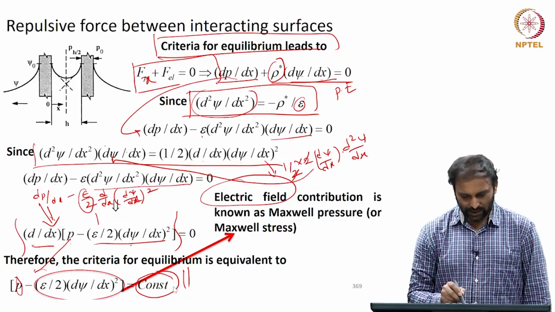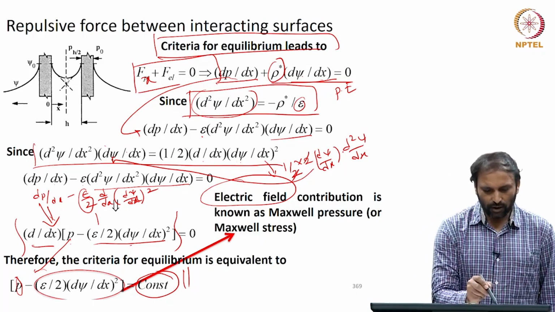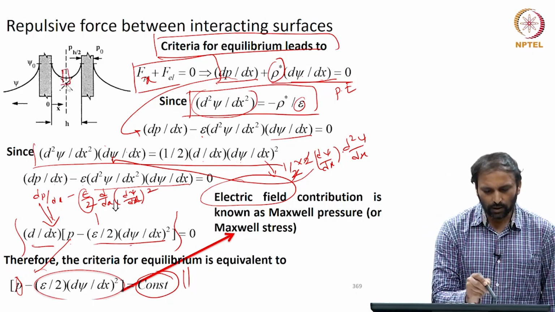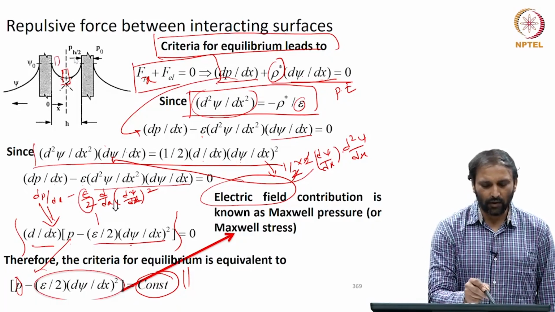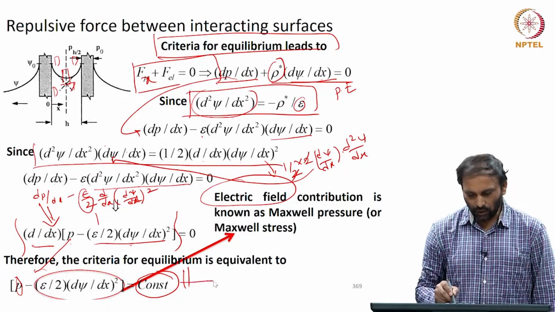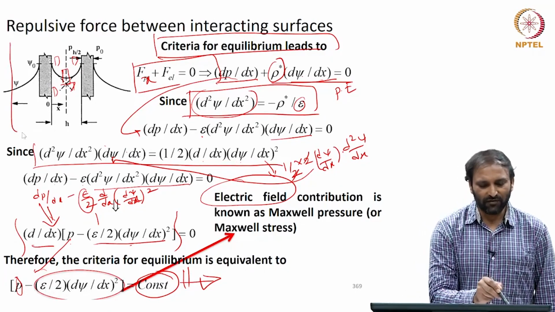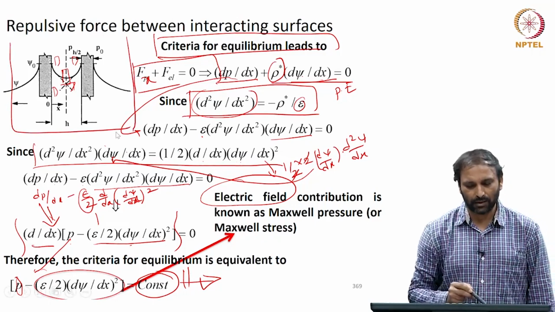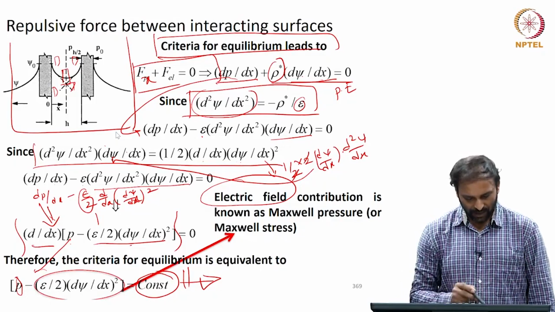Okay. So, what this expression essentially tells you is that not only for the volume element at the central location, but if you look at a volume element at any location, this equation would be satisfied because we are assuming that the entire system is in equilibrium.